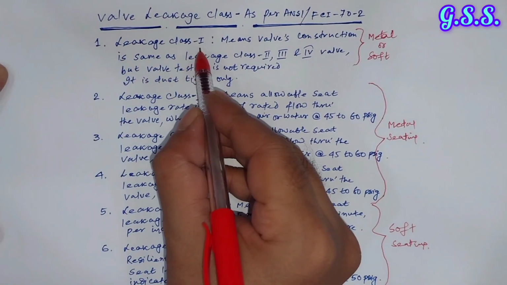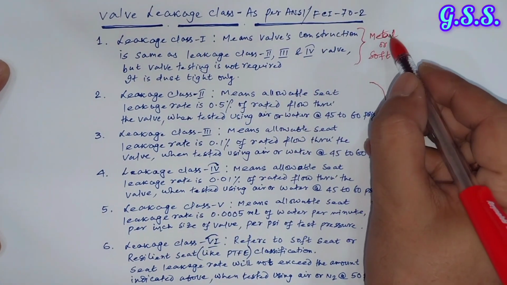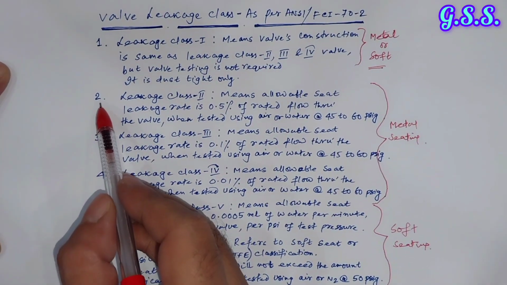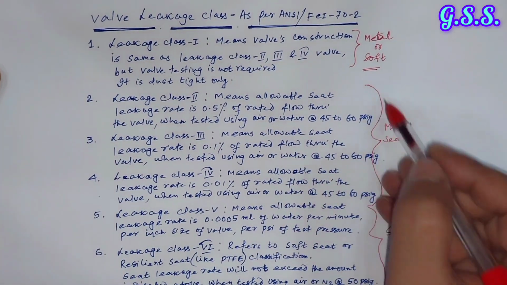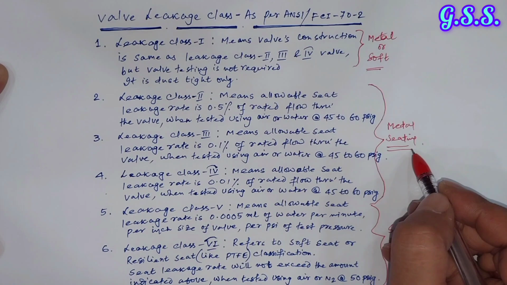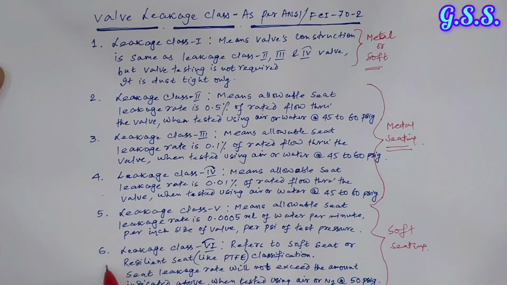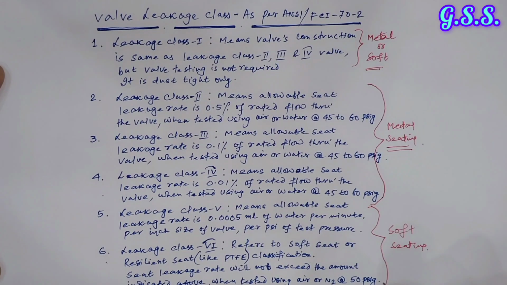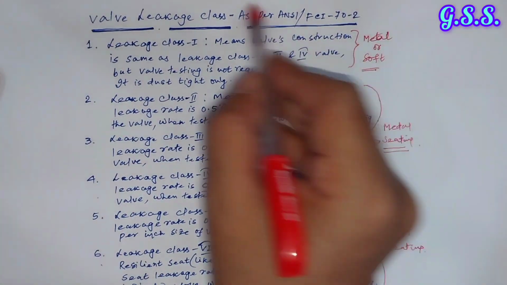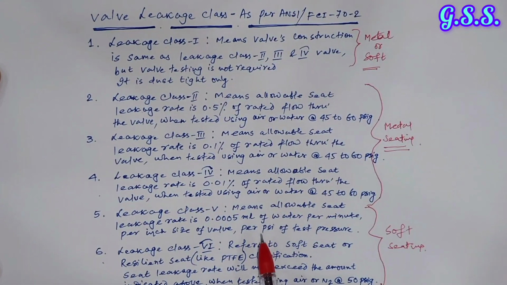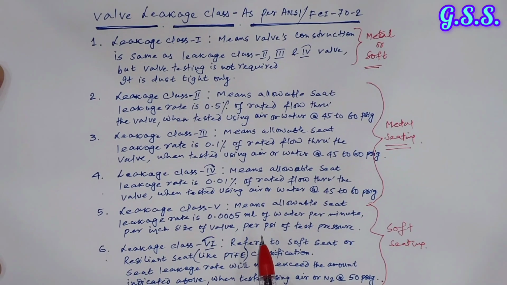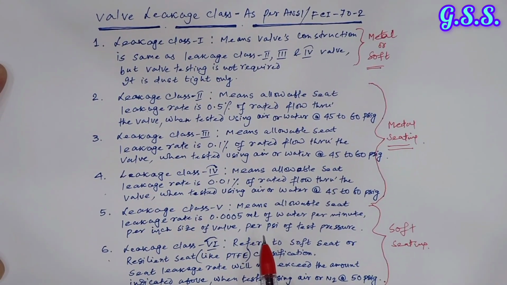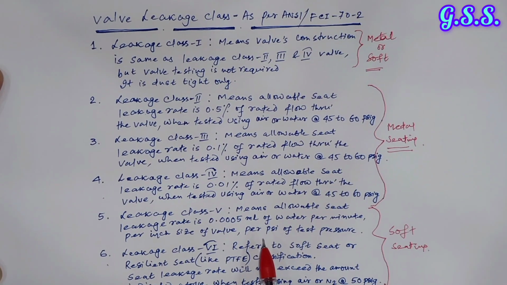Now, leakage class 1 refers to metal or soft seating, and leakage class 2 to 4 refers to metal seating only, and leakage class 5 and 6 refers to soft seating. And all these leakage classes are applicable for gate, globe, check and ball valves, not butterfly valve. For butterfly valve, separate standard is there.